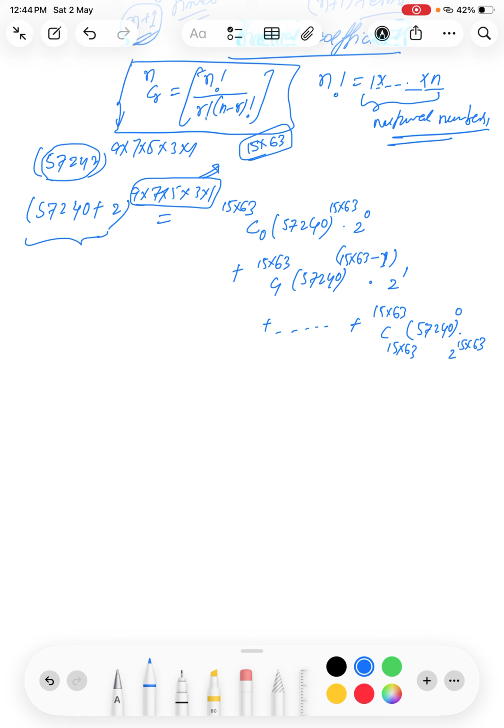And one last term before this would look something like this: 15 into 63 C 15 into 63 minus 1, 57240 to the power 1 into 2 to the power 15 into 63 minus 1. This is the penultimate term here.